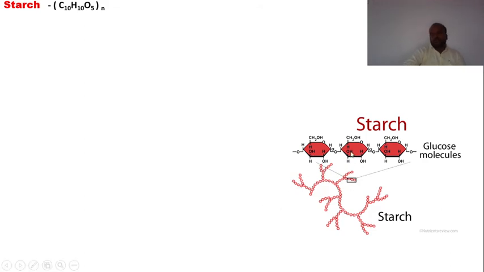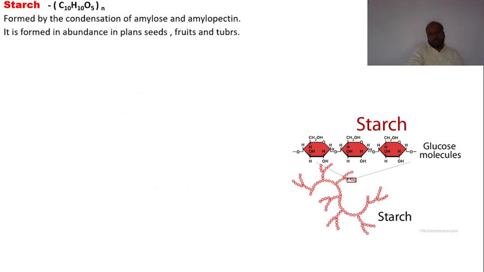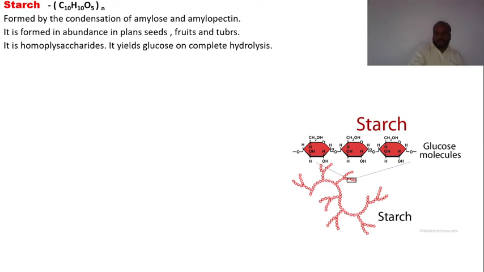Many glucose molecules are joined with each other to form starch, a very complex structure. Starch is formed by the condensation of amylose and amylopectin, and it is abundantly found in seed, fruit and tuber of the plant.